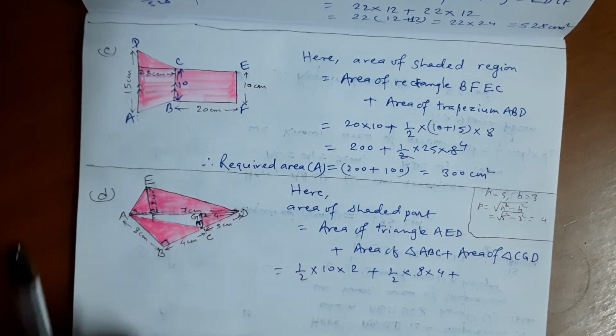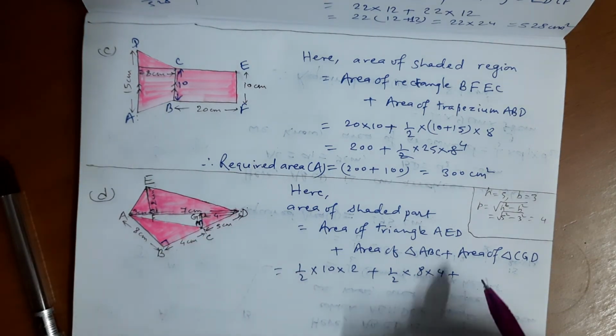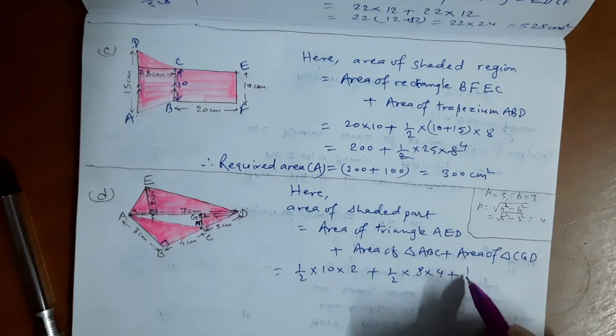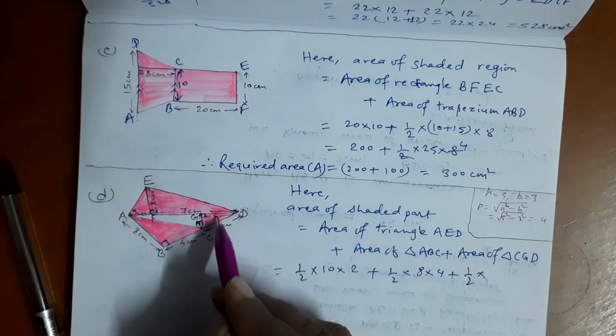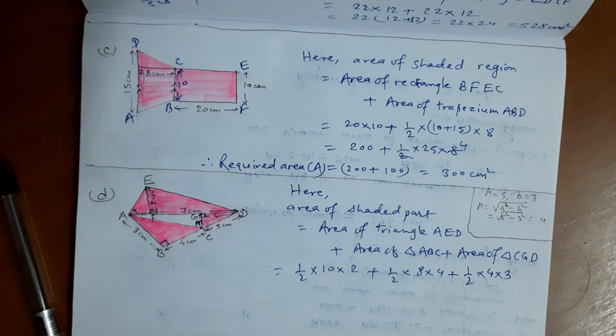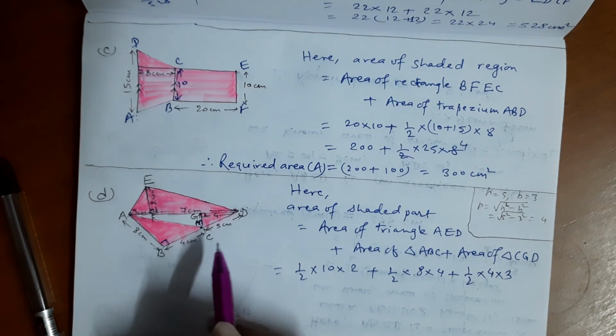So here the area of CGD will be half times base 4 times height 3. In this way we can find the area of the shaded part.